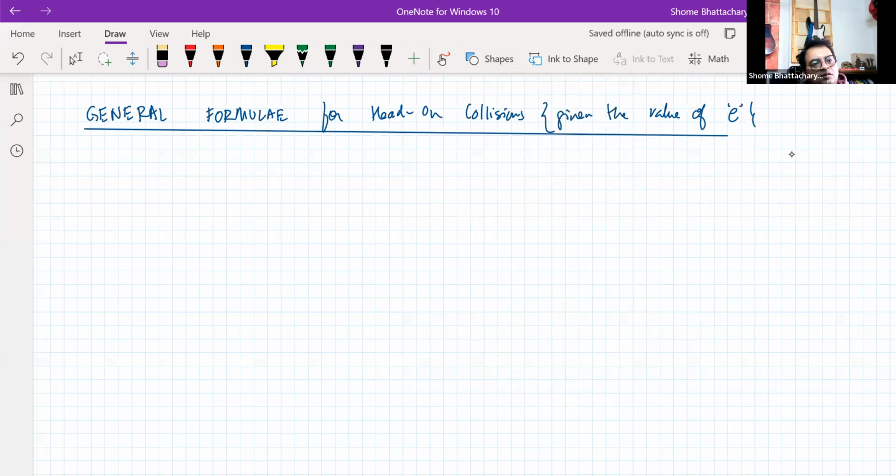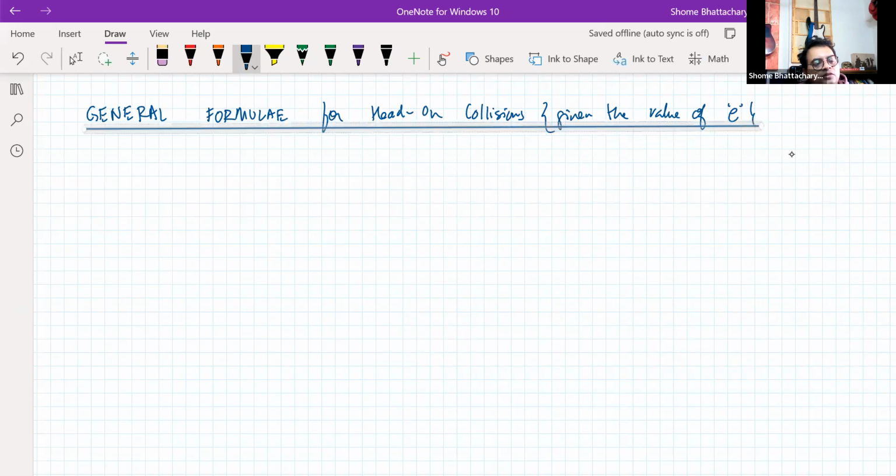This is very simple. Instead of numerically solving for a particular case, we solve parametrically the two equations. So the initial situation is like this. And the final situation after impact is like this, let's say.